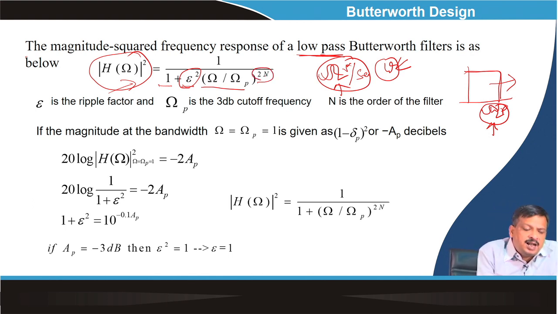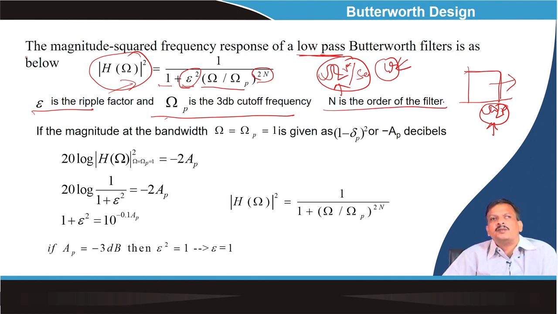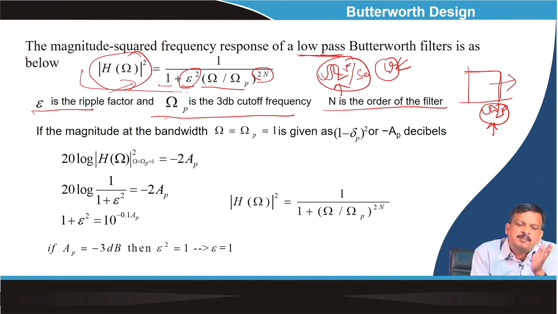Where epsilon is the ripple factor, omega p is the 3 dB cutoff frequency or passband edge frequency, and n is the order of the filter. So, if the order of the filter is n, the passband ripple is epsilon, and omega p is the passband edge frequency, then the square magnitude response is this one.